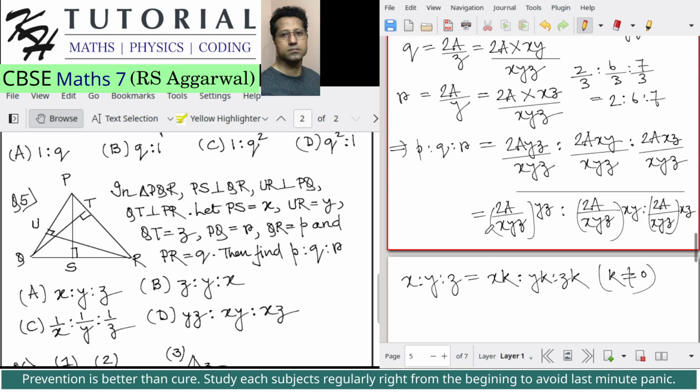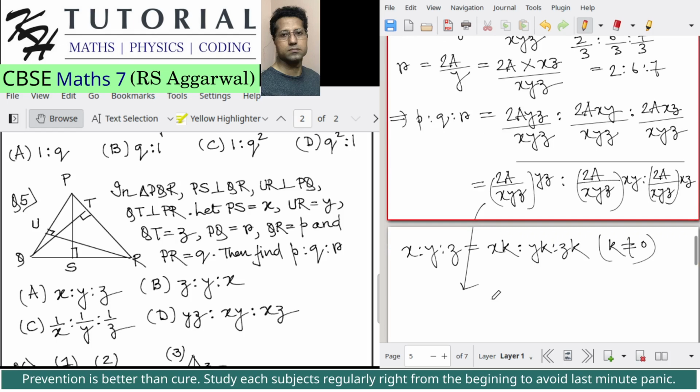So in this ratio, we see that in all the parts 2a by xyz is common, and we can ignore that. So this ratio will become equal to yz is to xy is to xz.